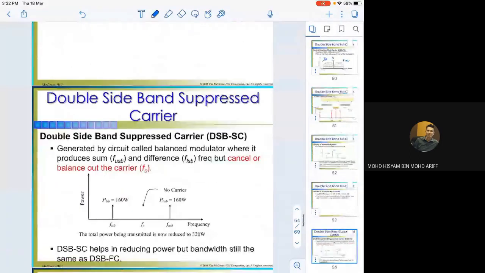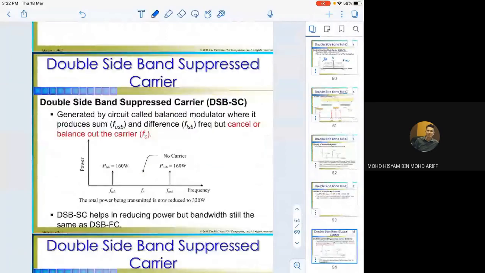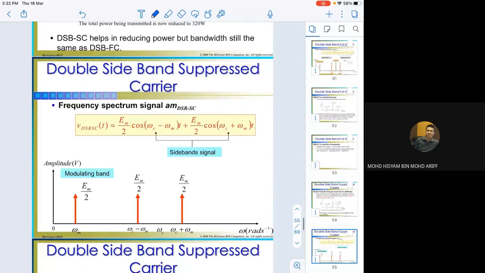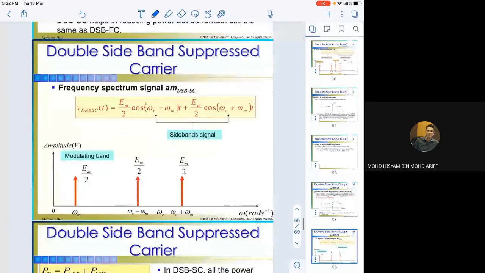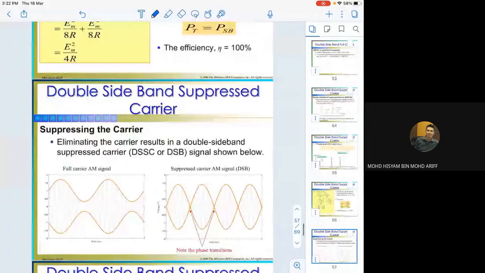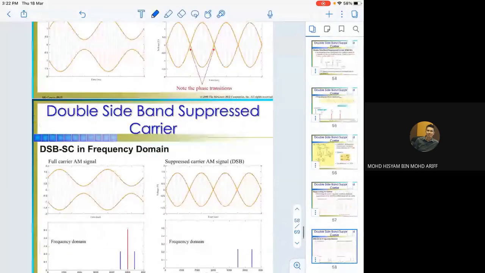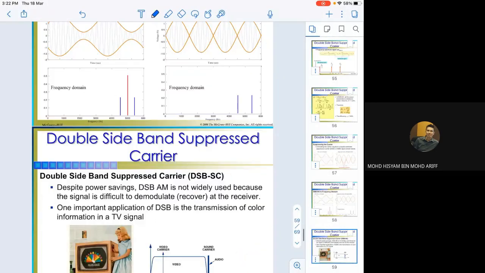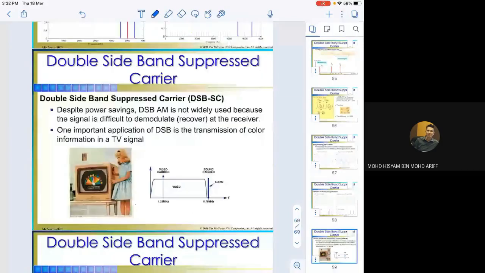And then we have double sideband suppressed carrier. Suppressed, I already told you, means there is no carrier here. Double sideband but no carrier.